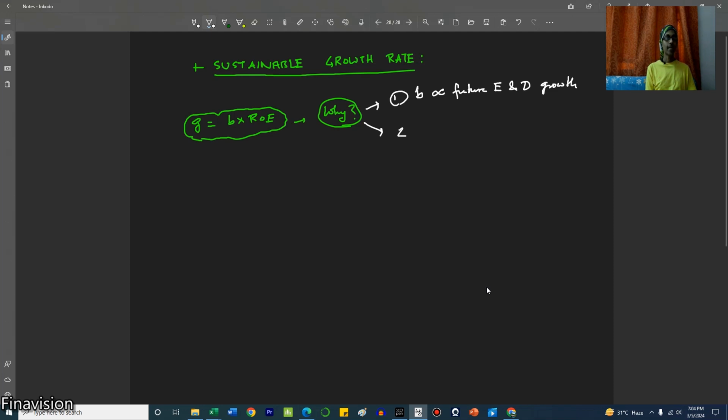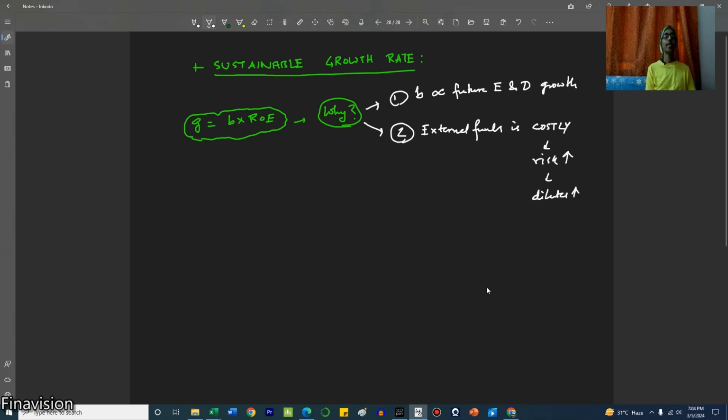And the question is, why don't you raise external funds? Here comes the second reason. The second reason is external funds are costly. So it increases your risk, it dilutes the equity.